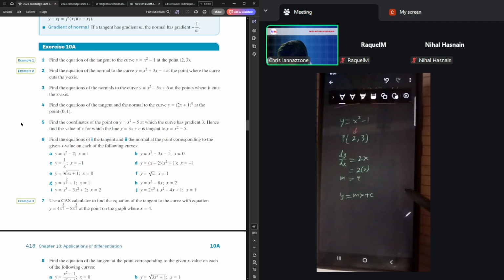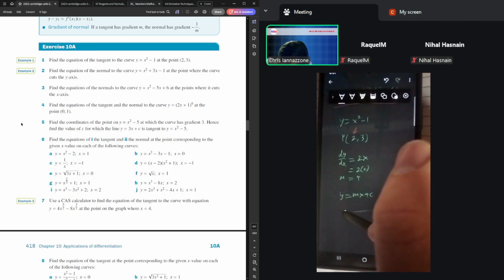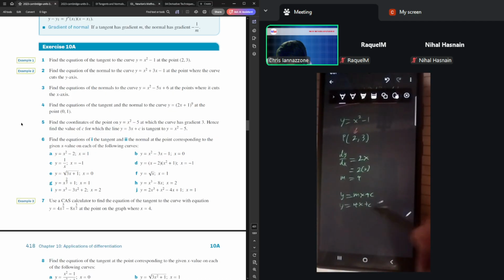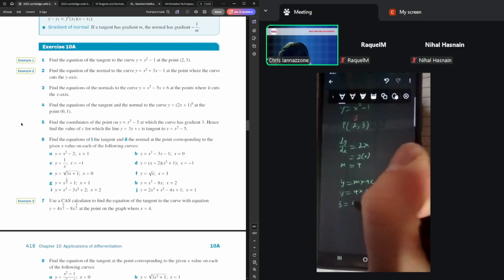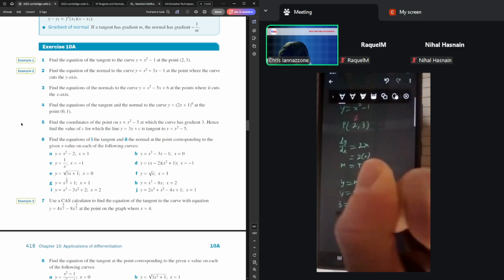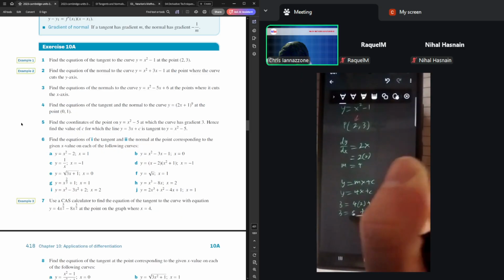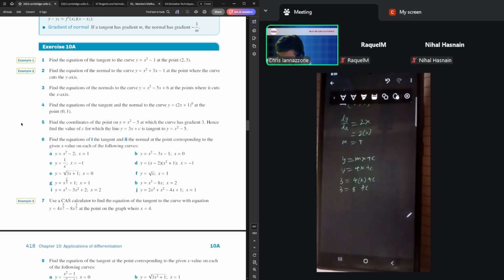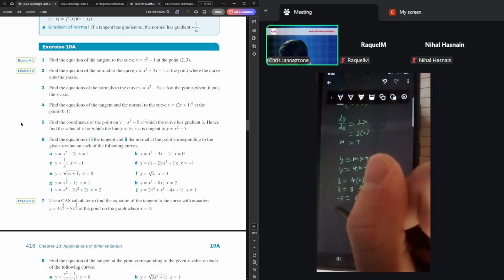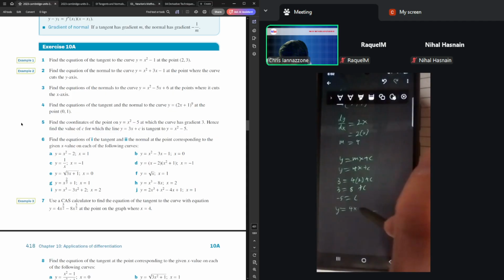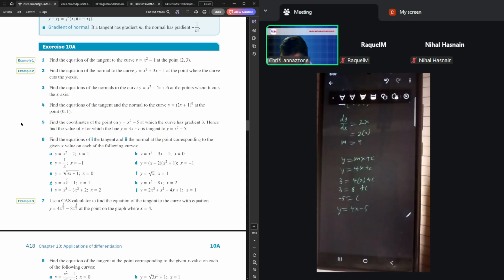Starting with y equals mx plus c, we essentially will now have the gradient, so y equals 4x plus c, and our x and y are going to be 2 and 3 respectively. 3 equals 4 times 2 plus c, 8 plus c, and 3 take 8 is minus 5. So finally, y equals 4x minus 5. And that gets us our tangent line.